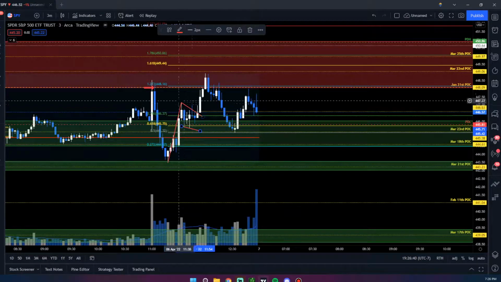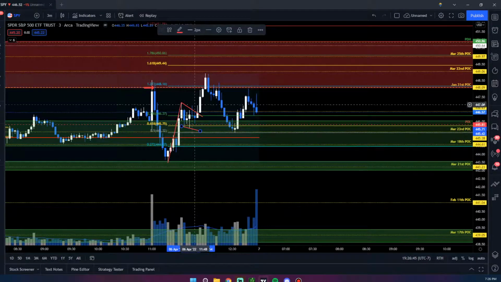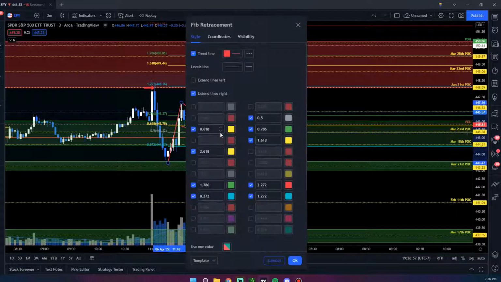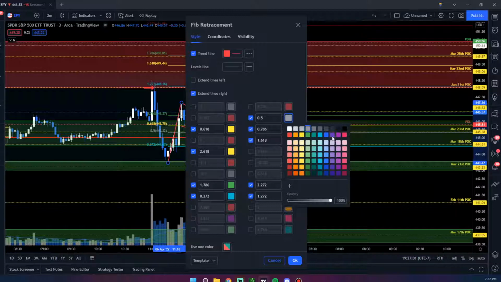So this is my pole here. This is the top of my flag. This is the bottom of my flag. If any of these candlesticks actually came down and touched this 0.5 fib, I know it's kind of hard to see because of the color within the green. Let's actually change the color so it's easier to see. Purple.